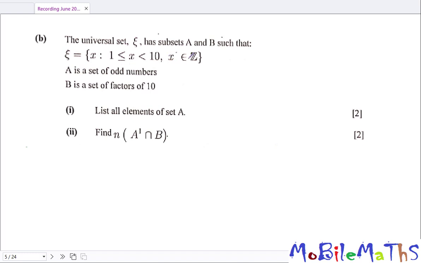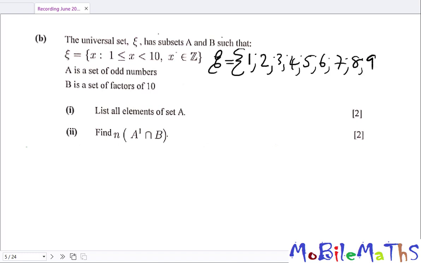Here they said it's an element of real numbers, so our universal set is equal to, we are considering 1, 2, 3, 4, 5, 6, 7, 8, 9. We are not going to go to 10 because they said less than, so we'll end at 9 there. Then we go to A.